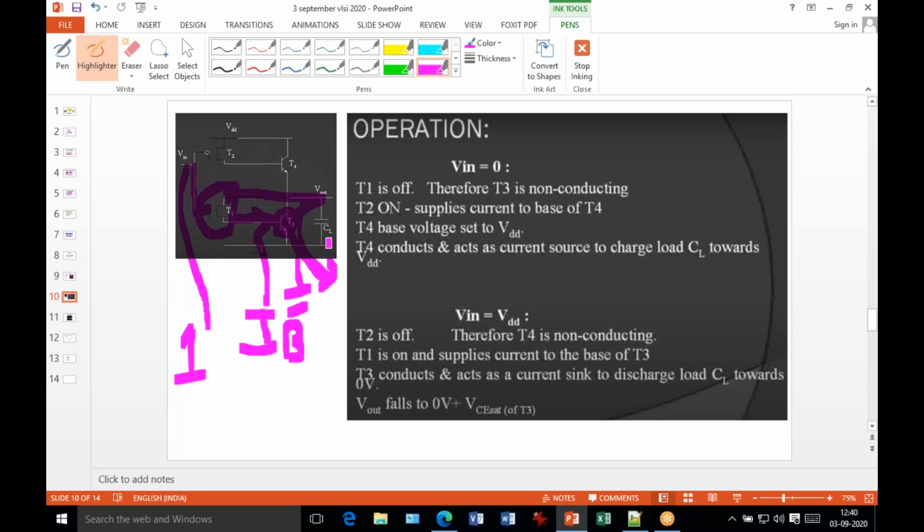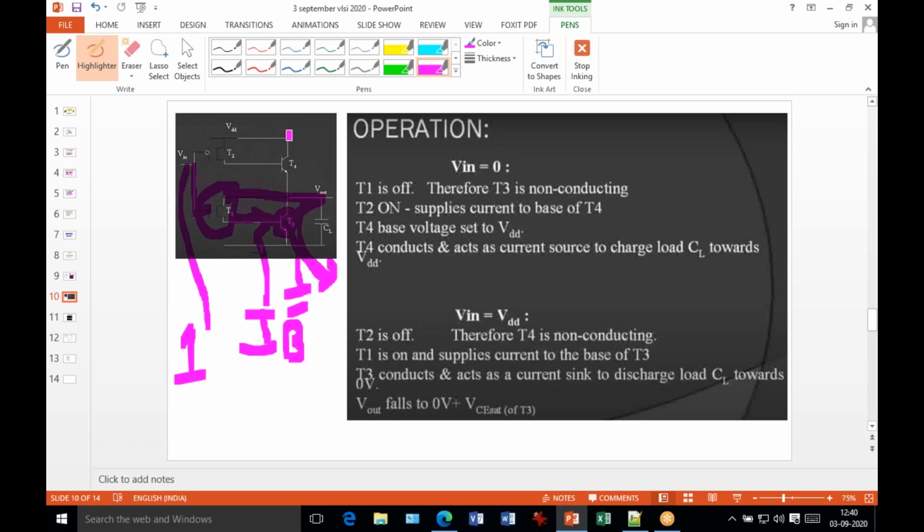Once it is fully discharged, your output voltage goes to 0 volts, while the input voltage is 1. That is the inverter behavior. You know very well that in an inverter, if the input is 0, the output is 1, and if the input is 1, the output is 0. You have to analyze the same behavior in the case of bipolar CMOS technology.